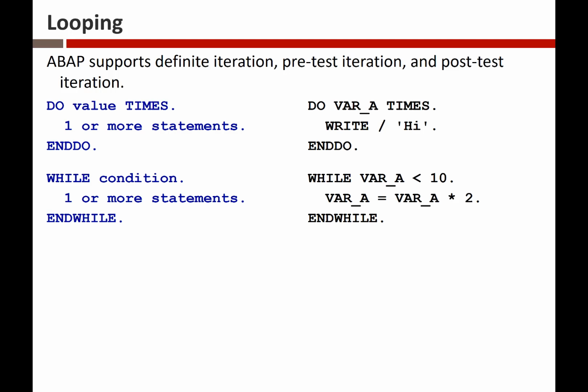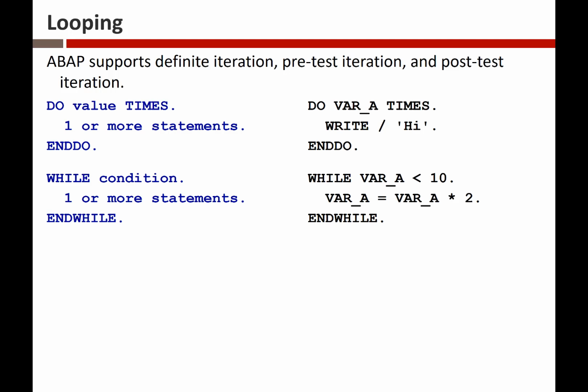But pretty straightforward syntax, not that distinct from what you would see in other programming languages. Once again, be careful to take note of the sentence terminating symbols there to make sure your syntax is correct.